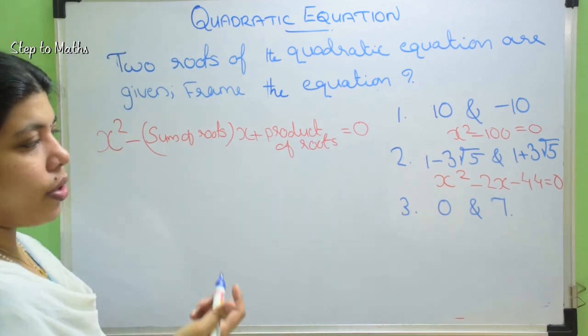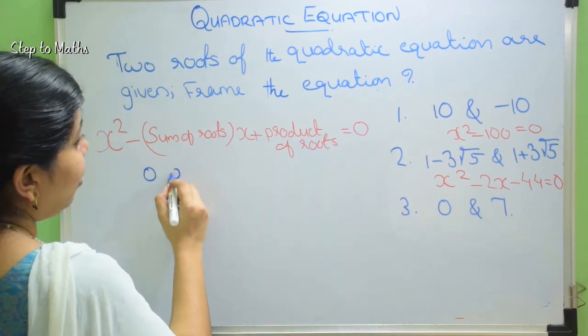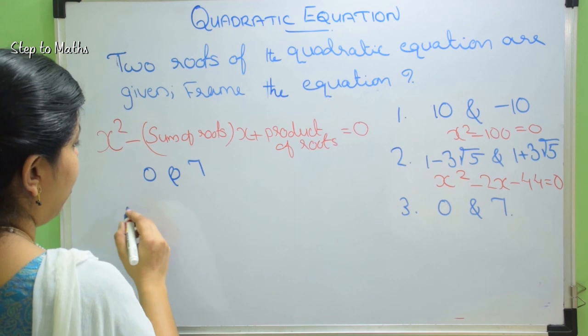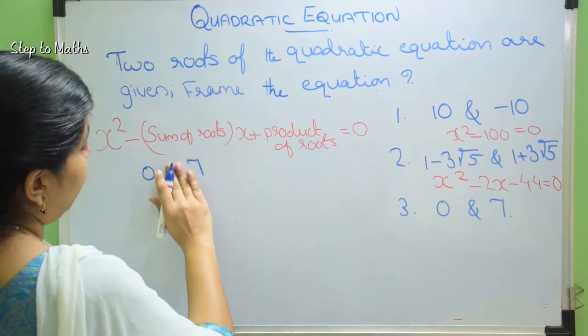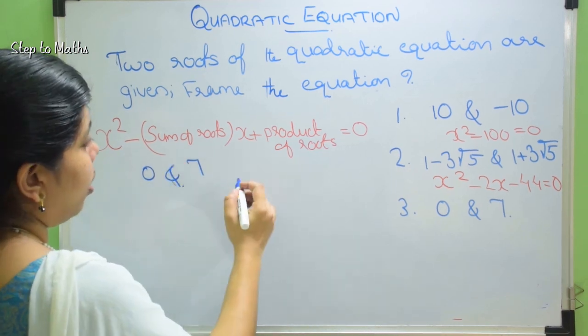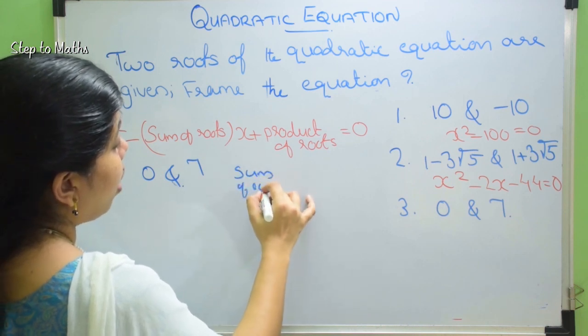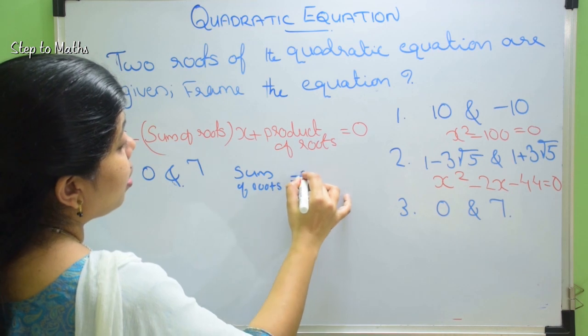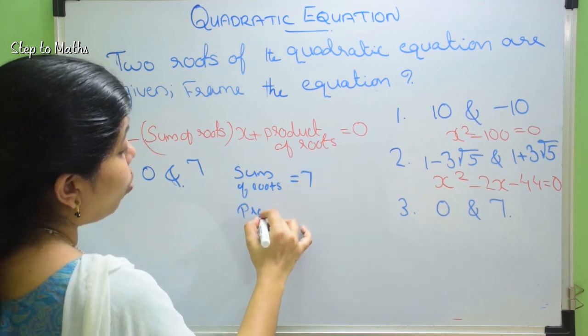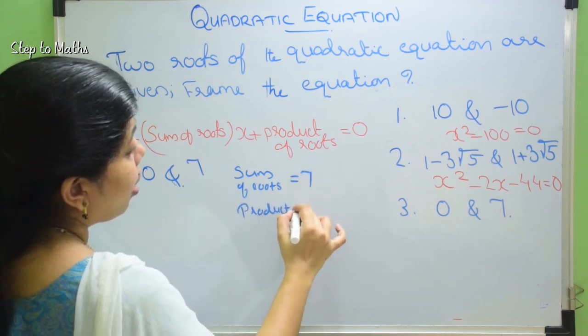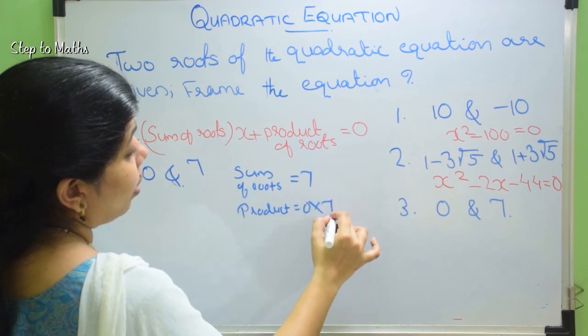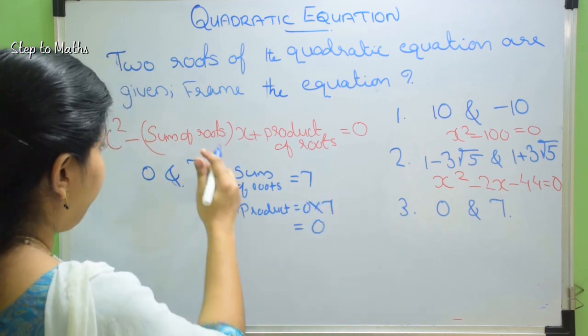Consider the next pair of roots, 0 and 7. Sum of roots equal to 0 plus 7 is 7, and product of roots 0 into 7 is 0.